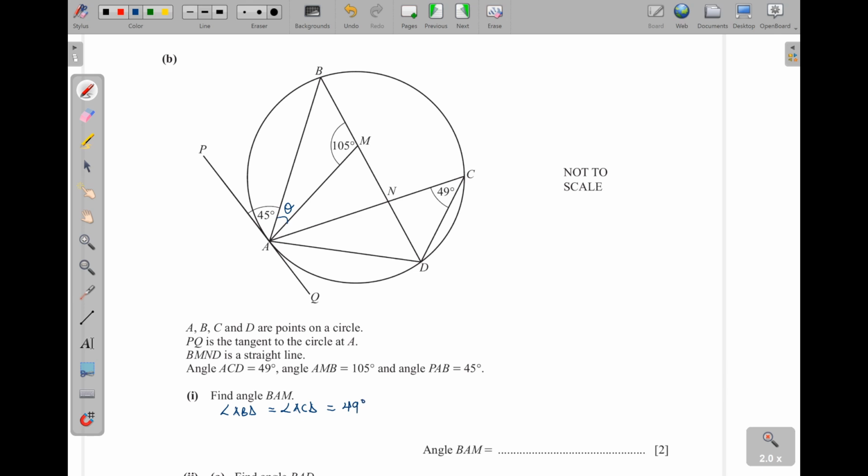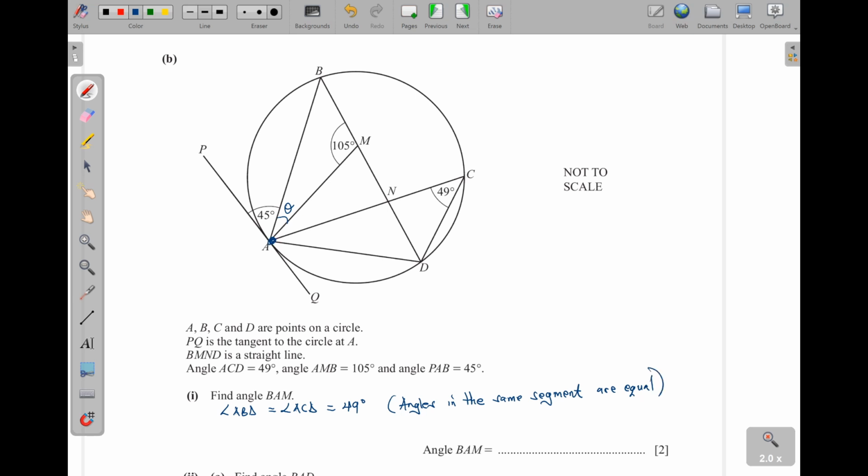Okay, why? Angles in the same segment. Let me give the geometrical reasons. Angles in the same segment by the same arc are equal. In the same segment are equal, because sometimes they say give geometrical reasons.